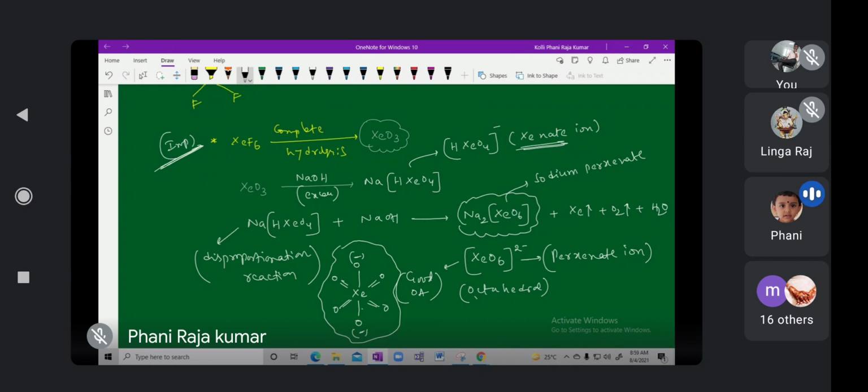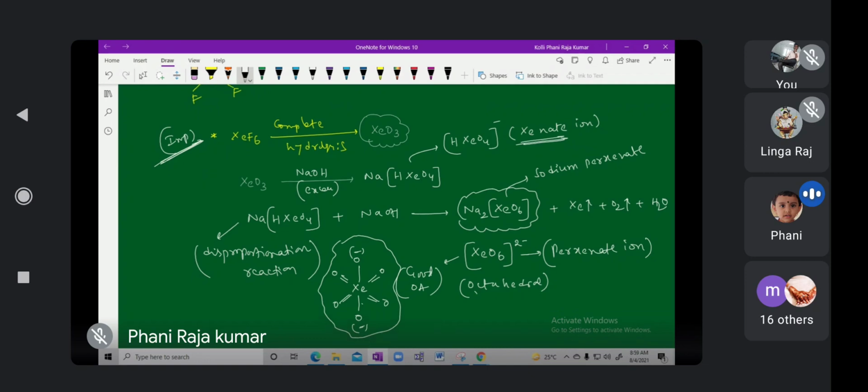Actually, these xenon compounds are very good fluorinating agents. They can fluorinate a number of compounds. Out of these three, a good fluorinating agent is the one having more number of fluorines, that is XeF6.